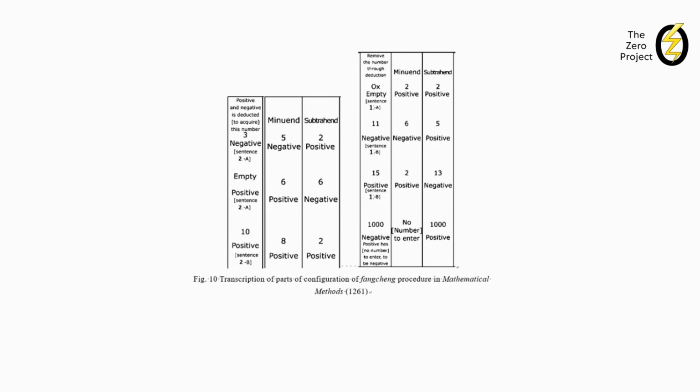And since number 2 in the top position of the minuend column has the same sign, which is positive, as the number 2 in the subtrahend column, the rules 1A and 1B are applied on numbers in the two columns. Simultaneously, sentence 1C should be applied to the cases in which 10,000 positive has no number to enter. That's, one makes it to be negative.